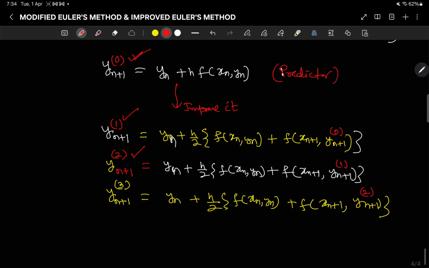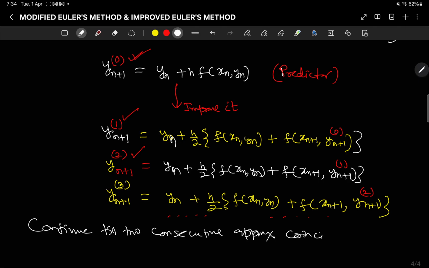And you continue from this, you continue till two consecutive approximations coincide. Means you have here, say, answer 1, and here answer 2. If these two coincide, okay, then we stop; otherwise we continue.